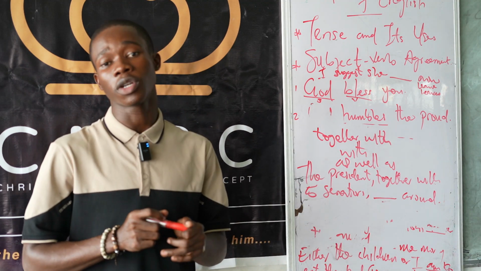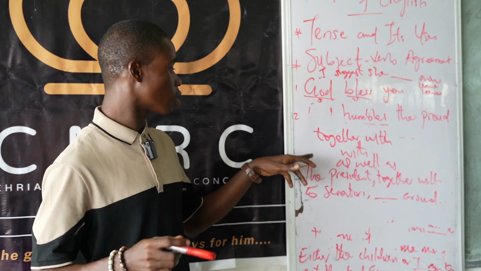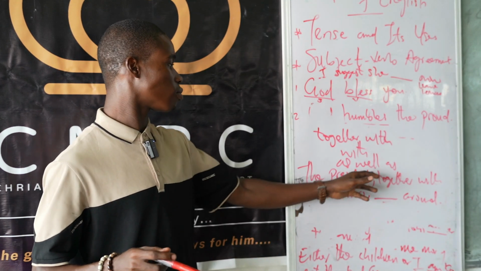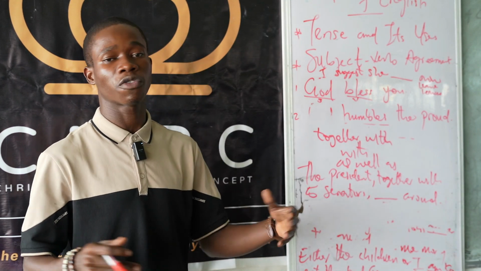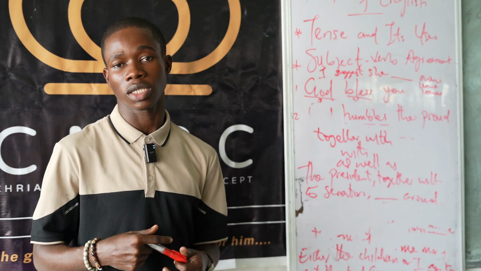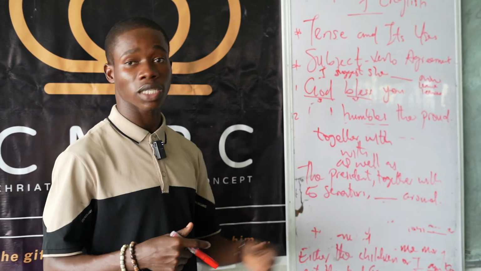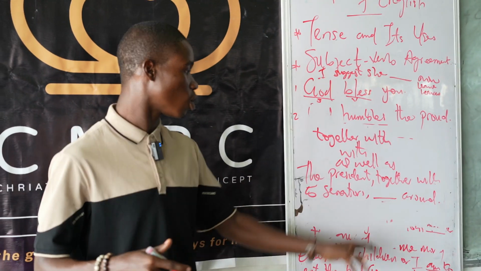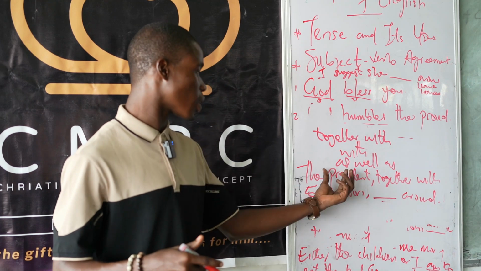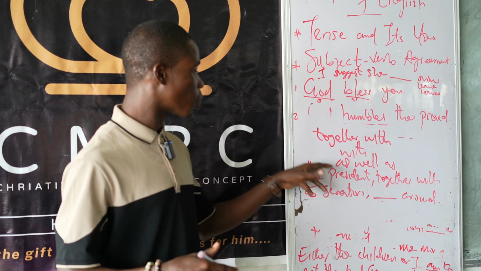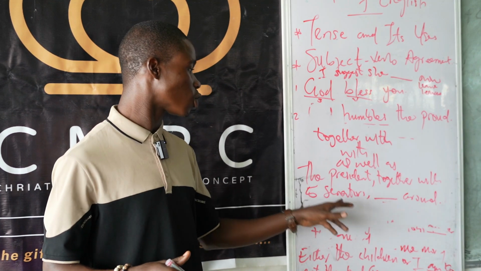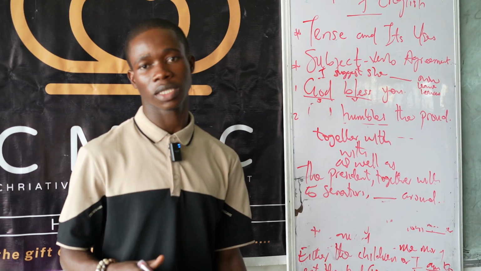Now, our focus subject is the president, while together with five senators is just additional information. That one doesn't concern you. The subject is what concerns us, which is the president. So this takes a singular verb because the president is singular. You don't say the president together with five senators are around. Please don't make that mistake.